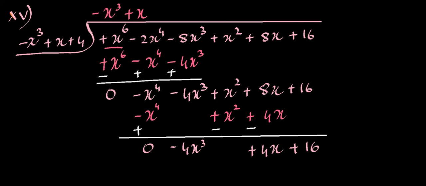Moving ahead, obviously you can see over here, what is to be multiplied with this term to get a minus 4x cube? Yes, if you have guessed it, 4, then you're absolutely right. I will multiply it with plus 4 and I'll get minus 4x cube plus 4x plus 16.